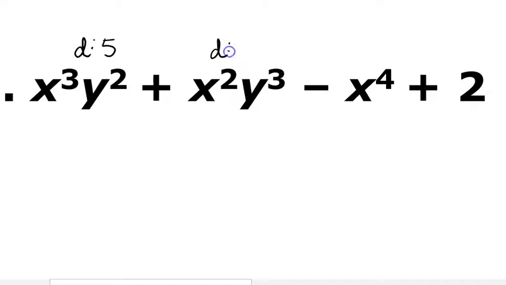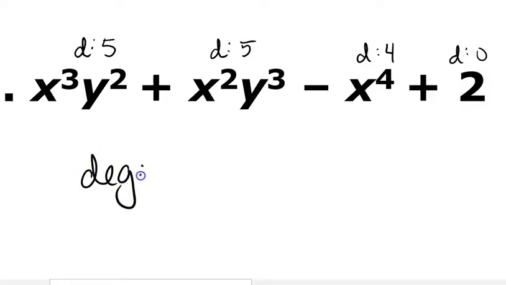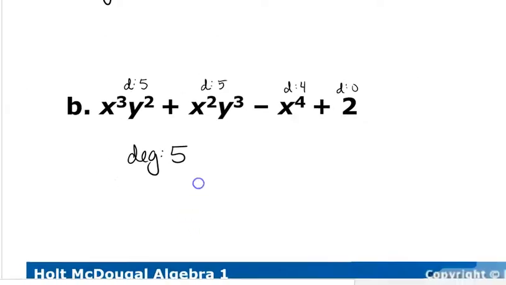This also has a degree of 5. This has a degree of 4. This has a degree of 0. So what's the biggest degree? 5. You don't have to combine them or anything. You just have a degree of 5. That's the biggest degree. The biggest degree is the degree of the entire polynomial.